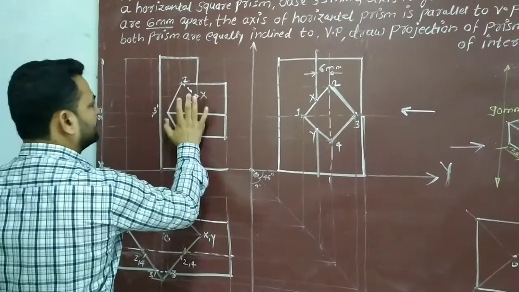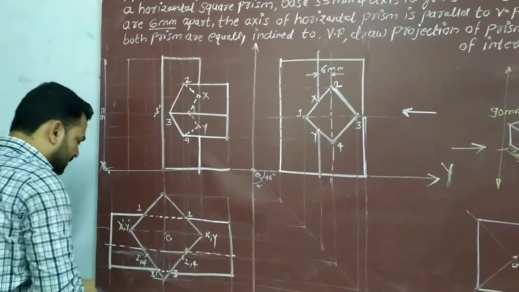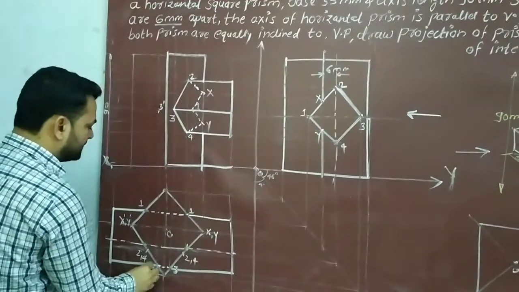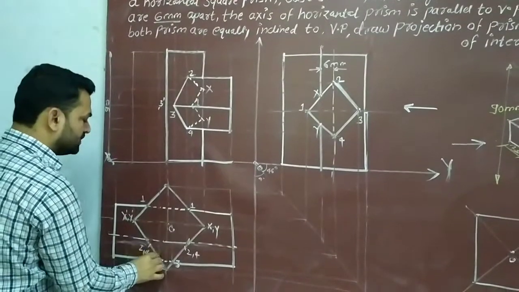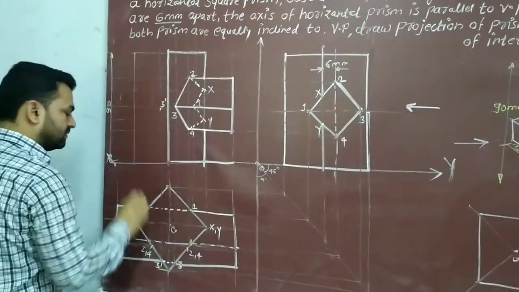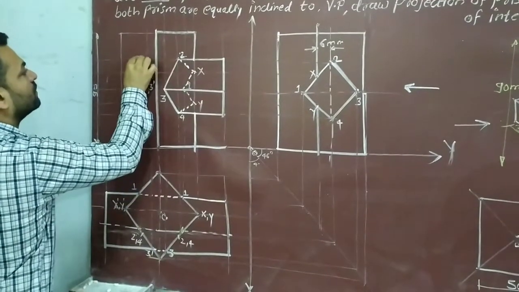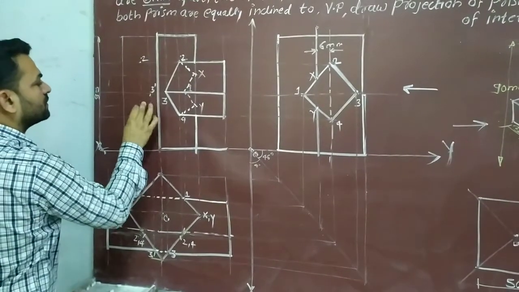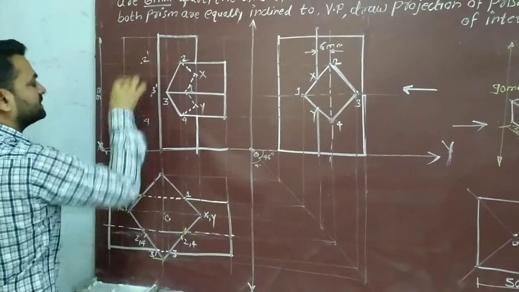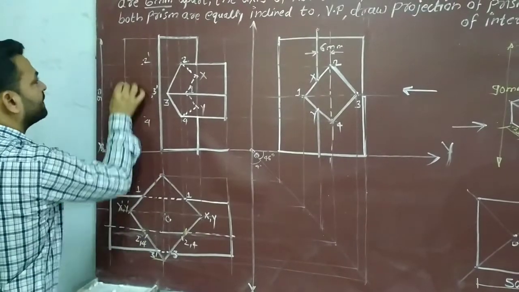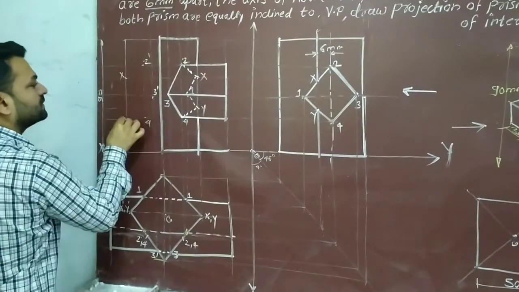Similarly, like this, here will be the same condition. So all points will be the same. We have to repeat the procedure so that we get this curve over here. 3, 2, 4. Here is 2. Here is point 4, actually it's a dash point. Then x and y. Here is x.